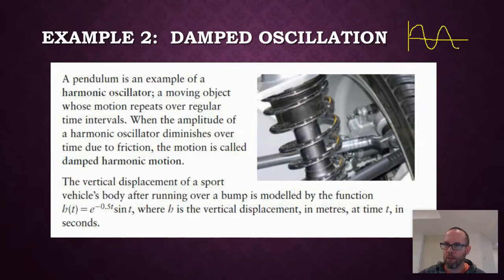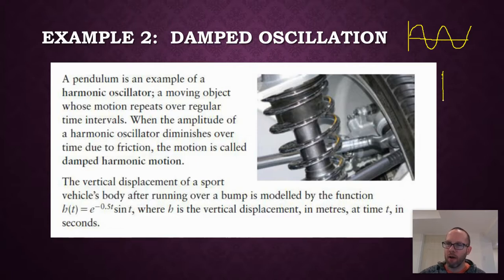It's periodic motion. But intuitively, most of us know that when you swing a pendulum, when you bring it back and let it swing back and forth, it's not going to swing forever because you've got friction in the string or what have you. You've got air resistance in terms of a spring bouncing up and down. You've got friction in the spring, and eventually it settles and it's going to stop, right?